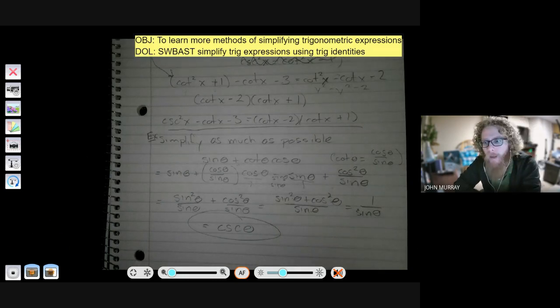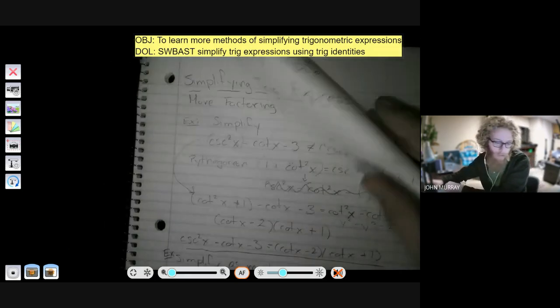One thing that I will say, if you haven't had practice in a while with adding fractions with variables, I'd practice some of that because that could be a good help.